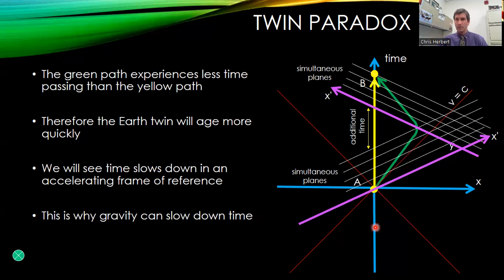Basically, and admittedly, this is a very sketchy way of saying that there's more time that the astronaut on Earth experiences than the astronaut that goes off into space. But basically, it does show that when you go through these transformations, time doesn't flow evenly, depending on your motion.